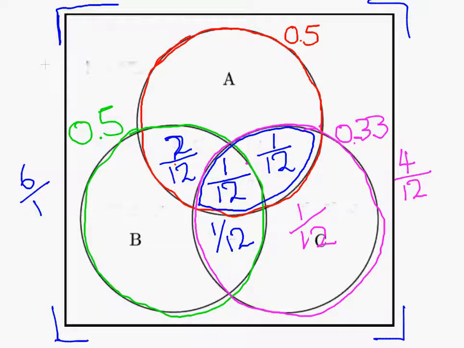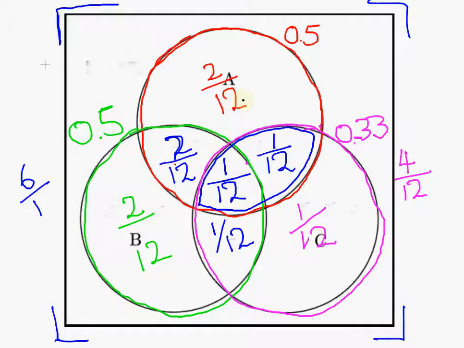So what remains is 2/12. And likewise 2/12 up here for red, for A. Now, we've pretty much done all of the hard work here. All the heavy lifting has been done. We filled in our Venn diagram.